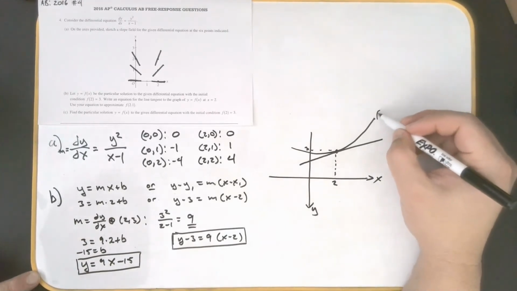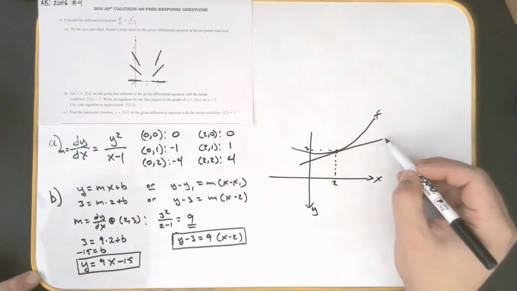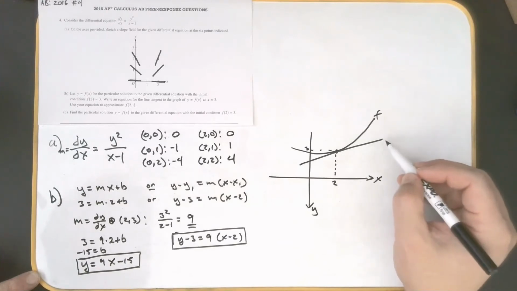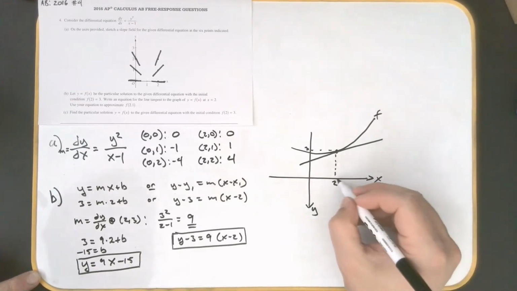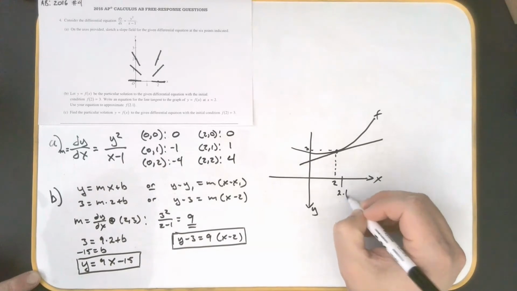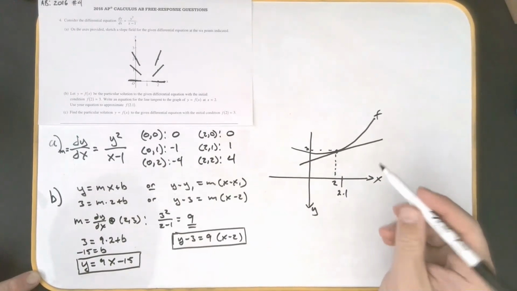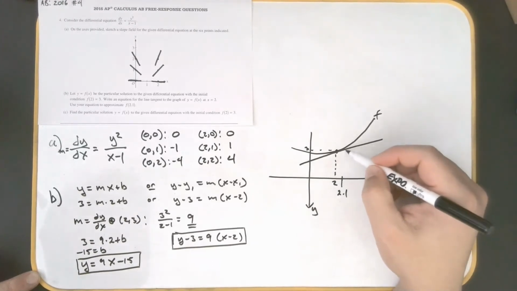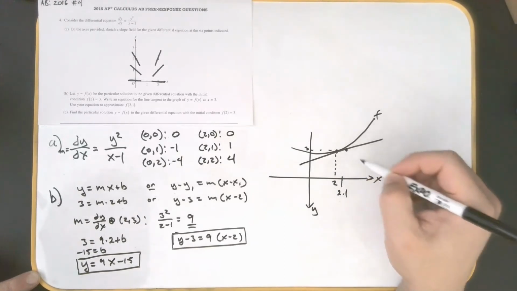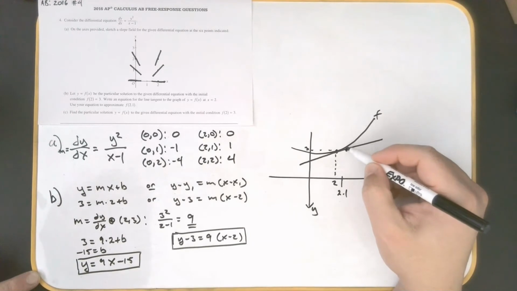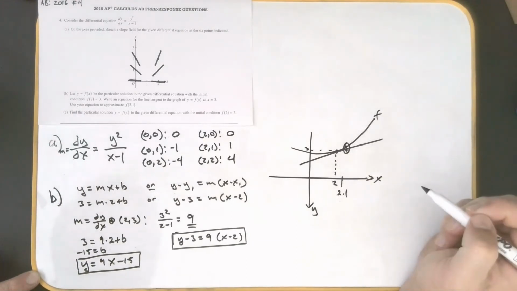If this function is f, and this is my tangent line approximation, what I want you to think about is, if I went over to 2.1, I want you to see just how close the actual value is. So at 2.1, my tangent line value is right there, and at 2.1, the actual function value is right here. They're very close to each other.